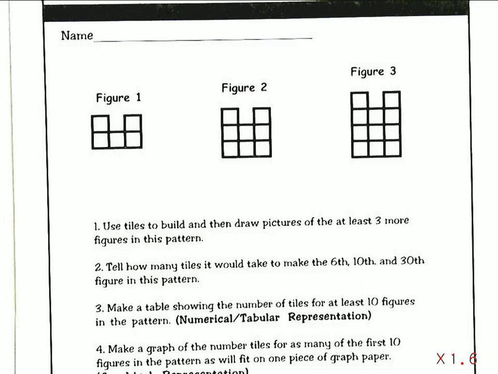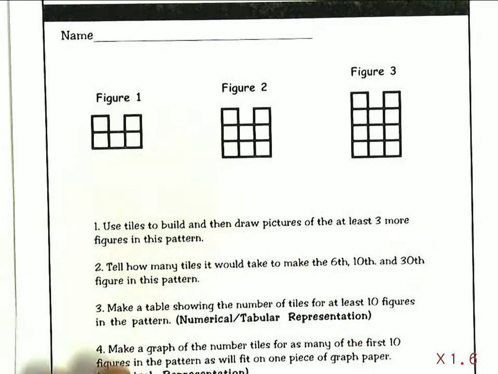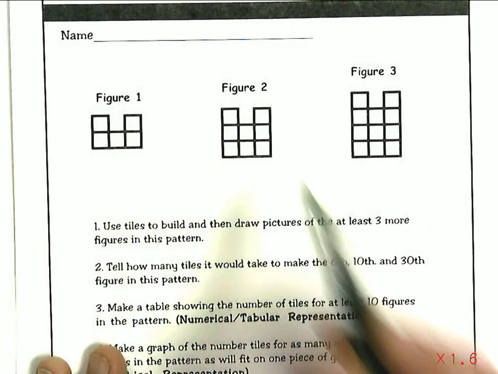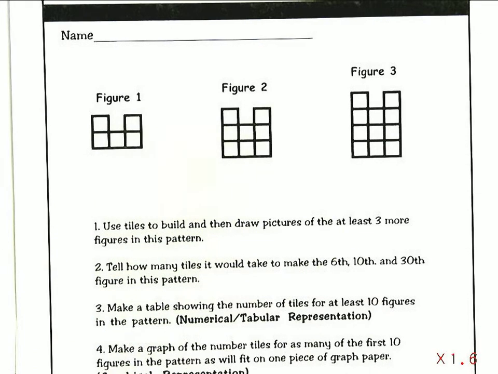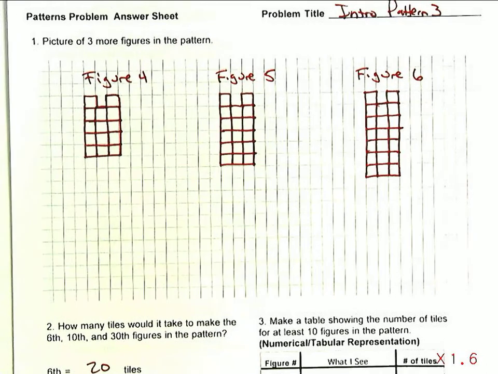In intro pattern 2, we're just simply adding 2 to the bottom each time. But now we're adding 3 onto the bottom of each of these. Each time there's 3, and so when we look at these 3 figures, and then if we continue to figure 4, 5, and 6, you can see that each time we're just simply adding 3 more to the bottom.